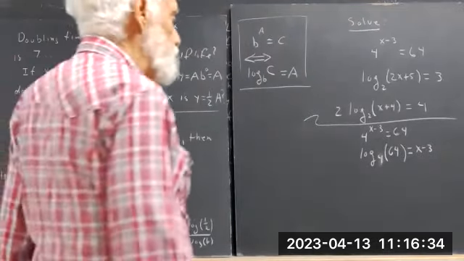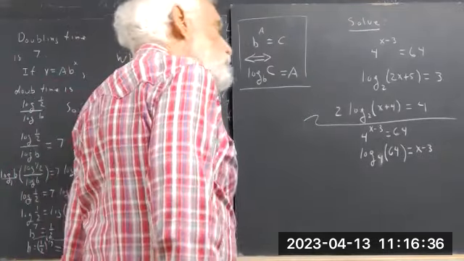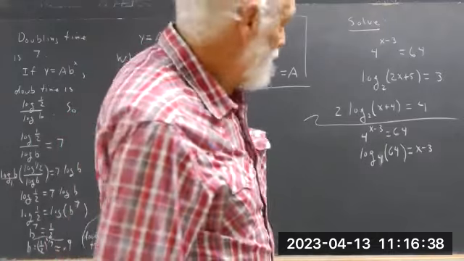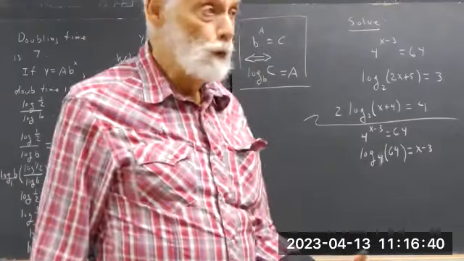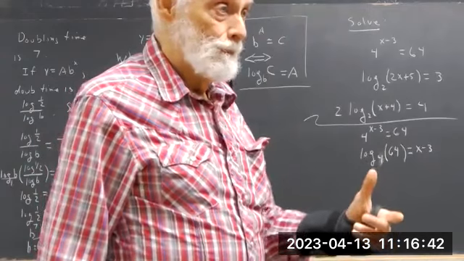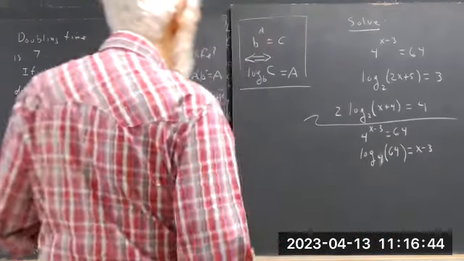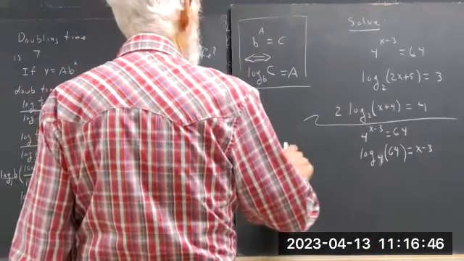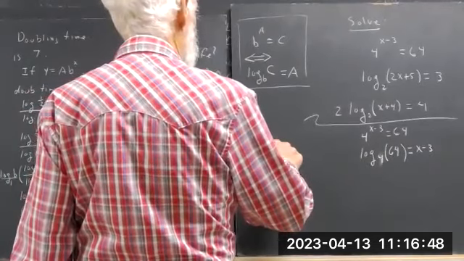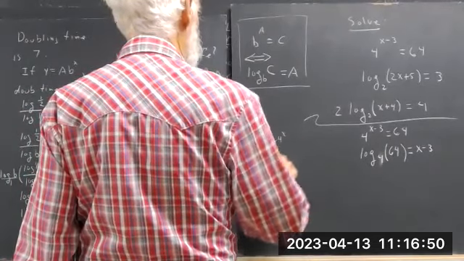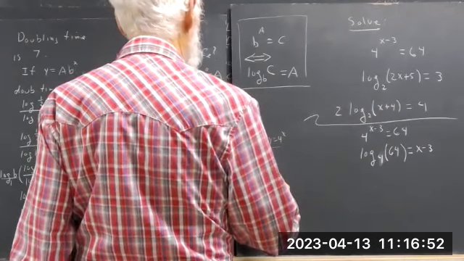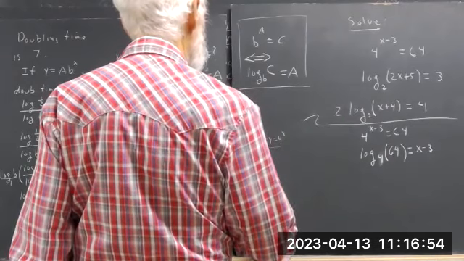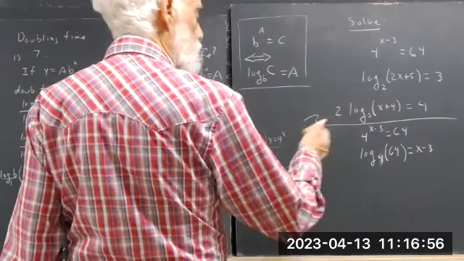Okay. Well, log base 4 of 64. 64 turns out to be a power of 4. So I can actually make a table of 4 to the x.